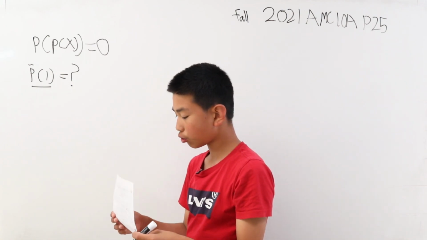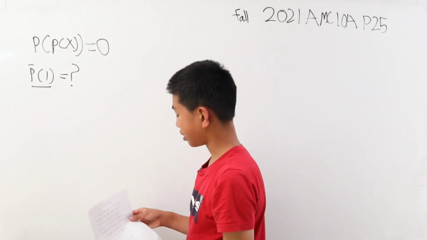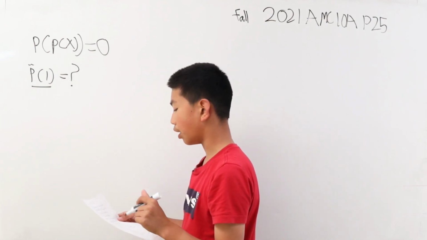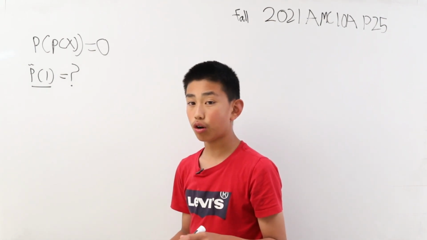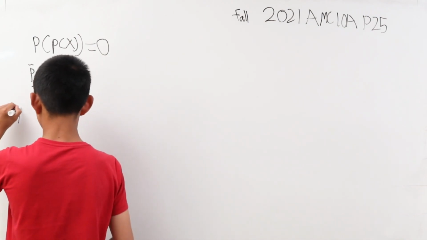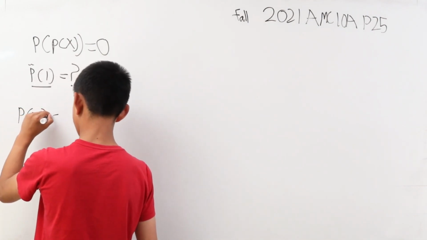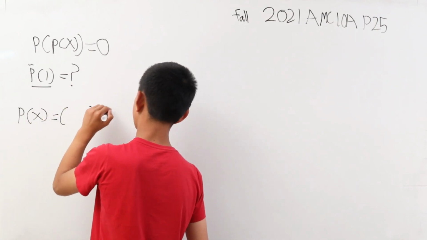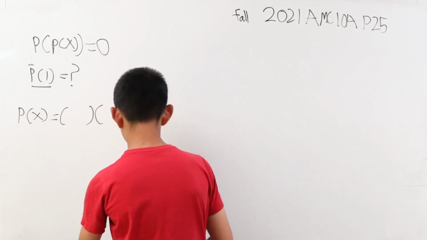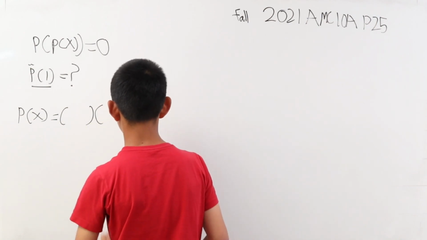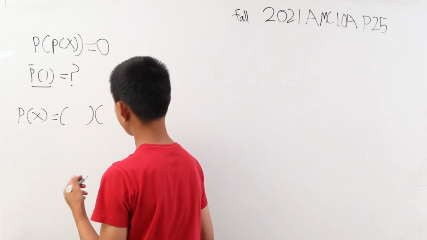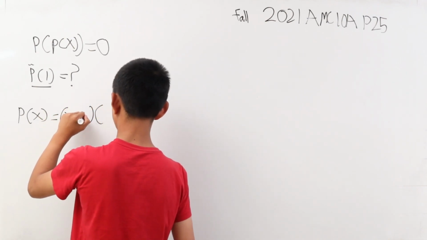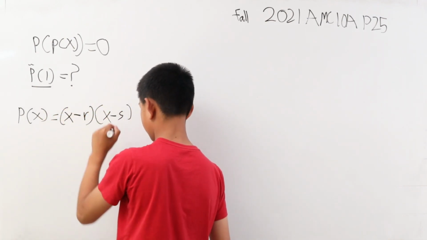Well, we're given some constraints. First of all, p of x is a quadratic polynomial, and it has a leading coefficient of 1. P of x can be expressed as, well, it's a quadratic polynomial, so it has 2 roots maximum. We also know that it's x minus something, call this r, and x minus s.